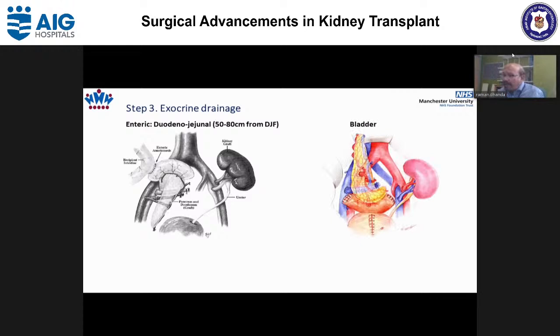Now again, bladder drainage has gone obsolete. We rarely use it unless there is a specific reason for not being able to use the bowel, but there is never one. And this was done in the past to facilitate immunological monitoring.